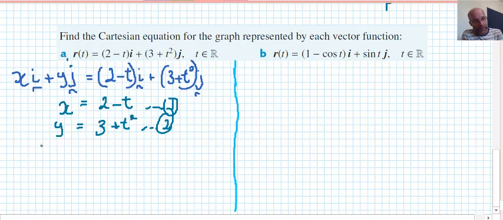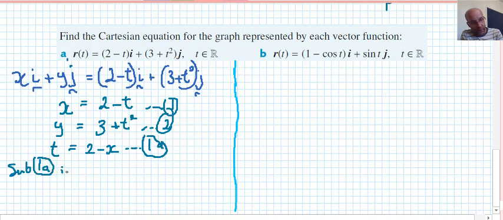Okay, now like we did last time, writing equation 1 with t as the subject is handy, so I'm adding t and subtracting x. I'm going to call that equation 1a because it's a modified equation 1. So sub the 1a result into equation 2.